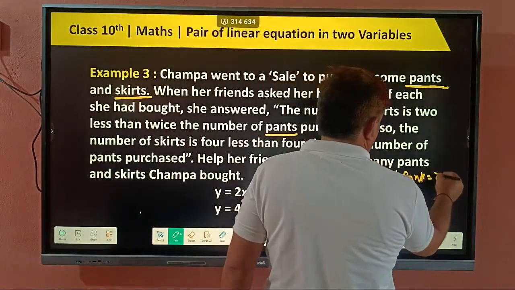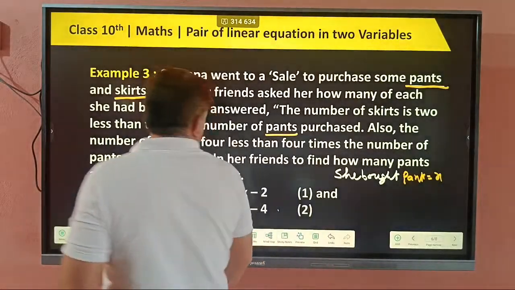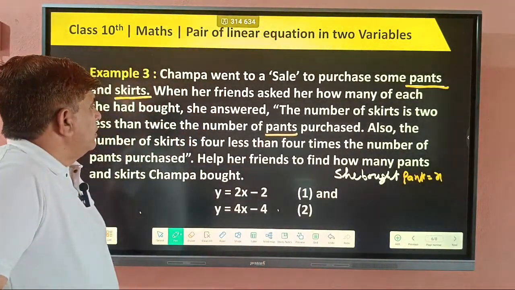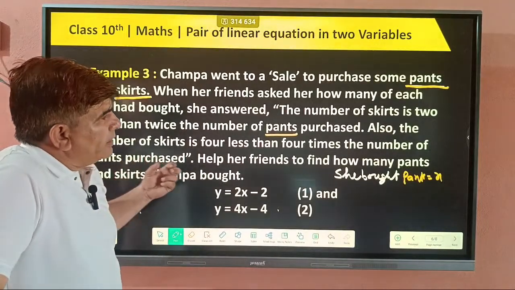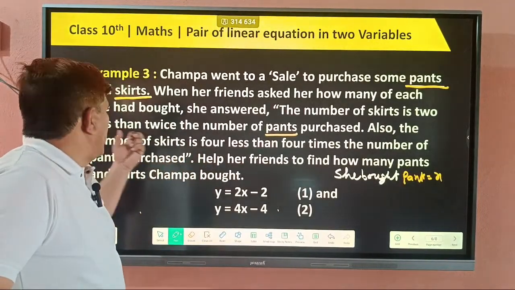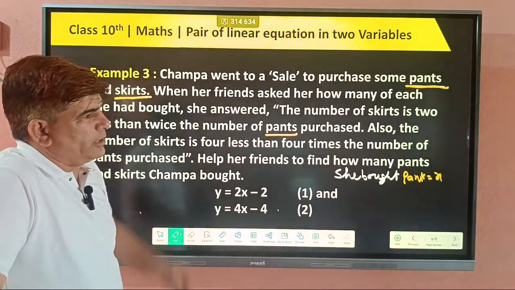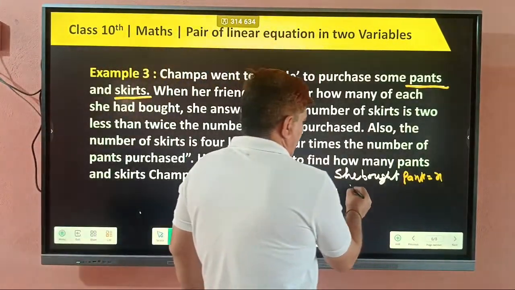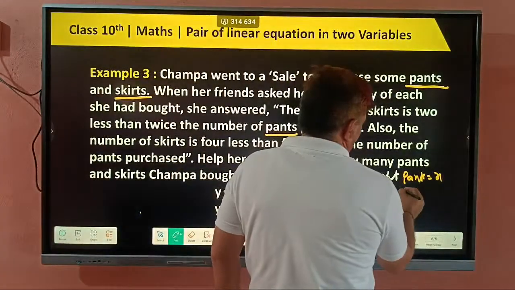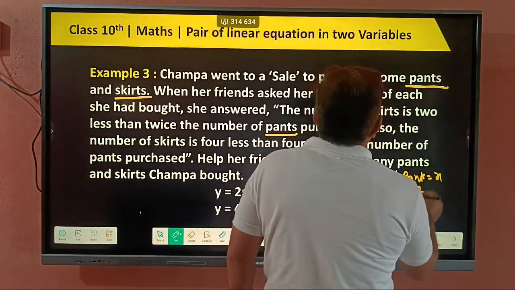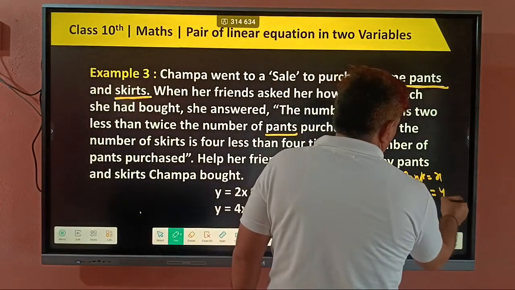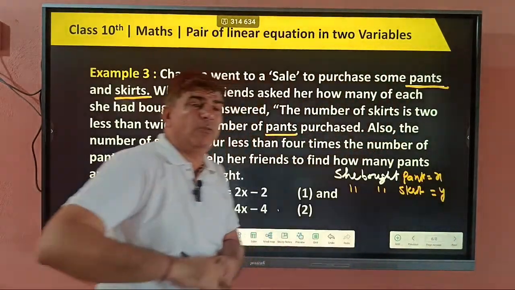We can say she bought x pens. She gave the answer like this: the number of scripts is 2 less than twice the number of pens. And we can say she bought y scripts. What is the relationship between x and y?